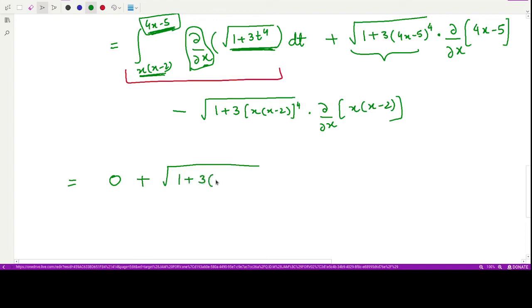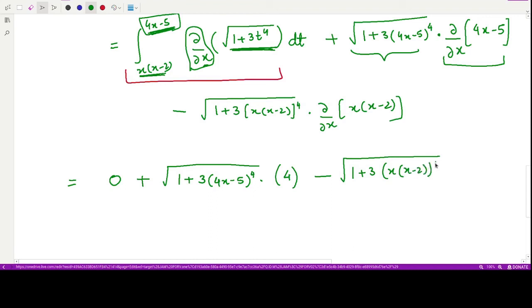But we can solve this one: when you take the derivative of 4x minus 5 with respect to x, it would just be 4. And for the lower limit, again this function would be as such, 3 into x minus 2 raised to power 4, into the derivative of x minus 2 with respect to x. That would be 2x minus 2, right? So this is what you got as your g dash x.